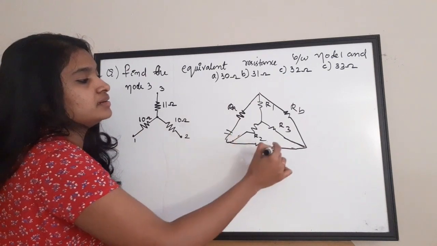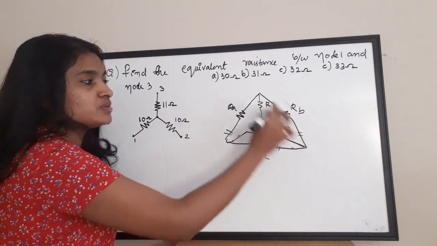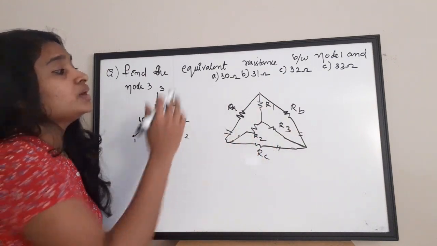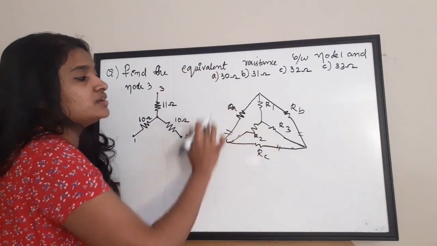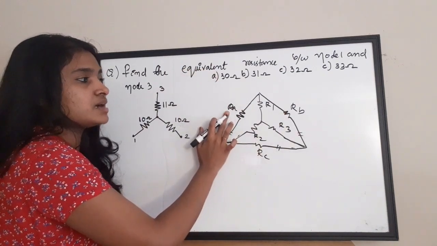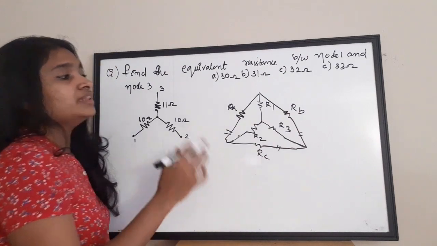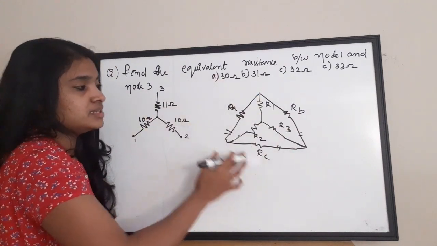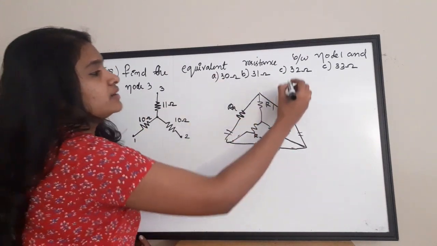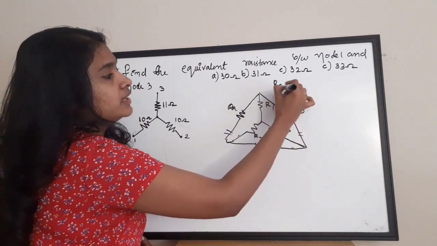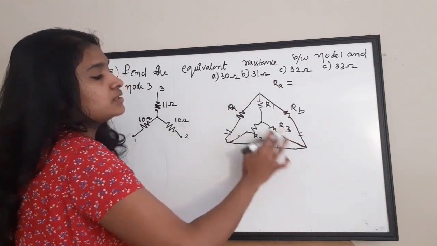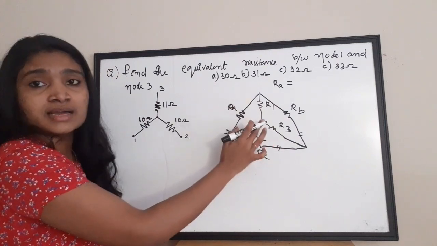Now this delta network is relevant because we are going to replace the inner star connection, and the outer delta connection is having resistors RA, RB and RC, and the value of RA, RB and RC will be like this. The value of RA is equal to, we are going to replace this star connection, right?